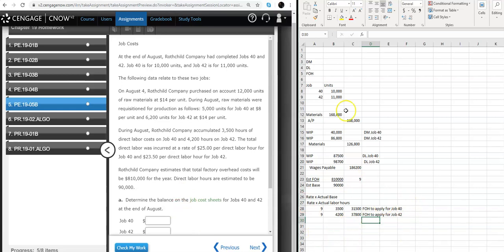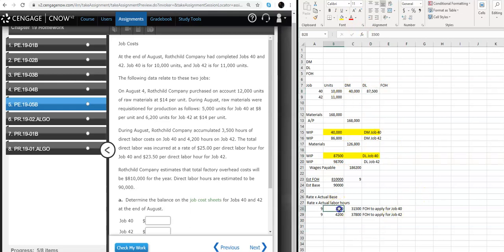All right, so let's just see what we have so far. We need to accumulate our costs for job 40. So we need to put in direct materials, direct labor, factory overhead for job 40. So here's my direct materials for job 40. So that was 40,000. My direct labor for job 40 was 87,500.